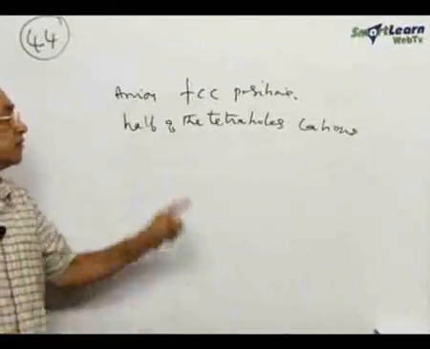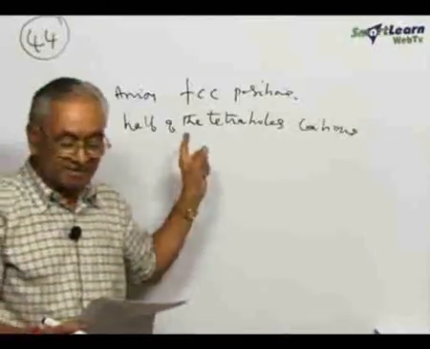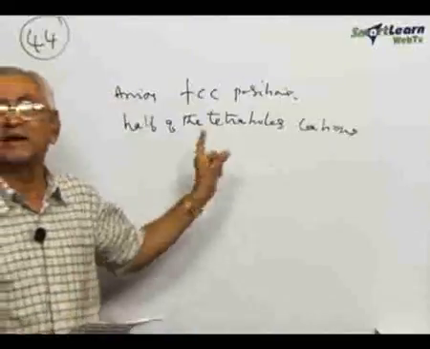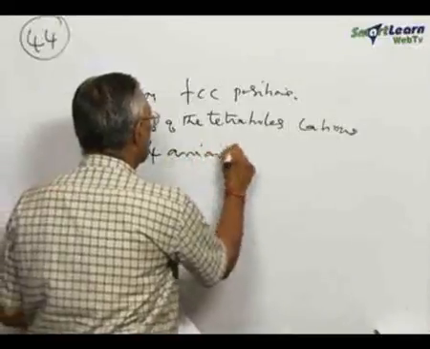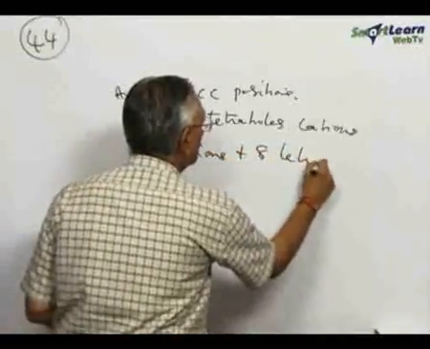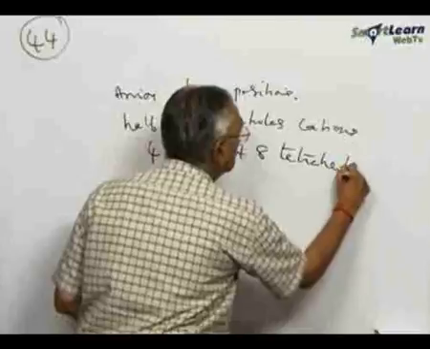Now, there are 4 anions and 8 tetrahedral holes per unit cell.